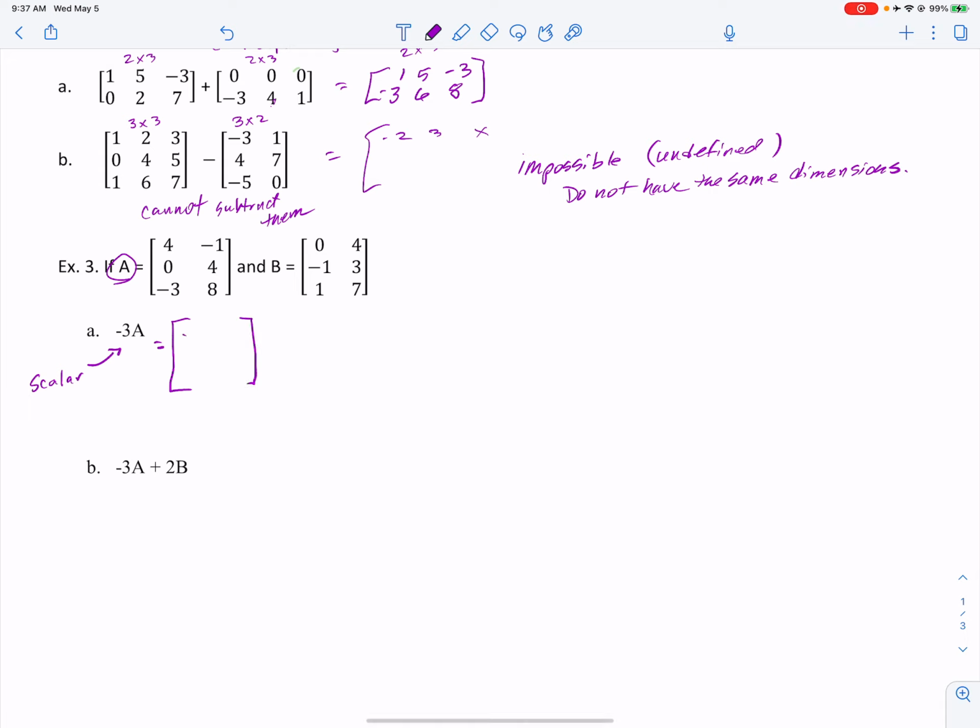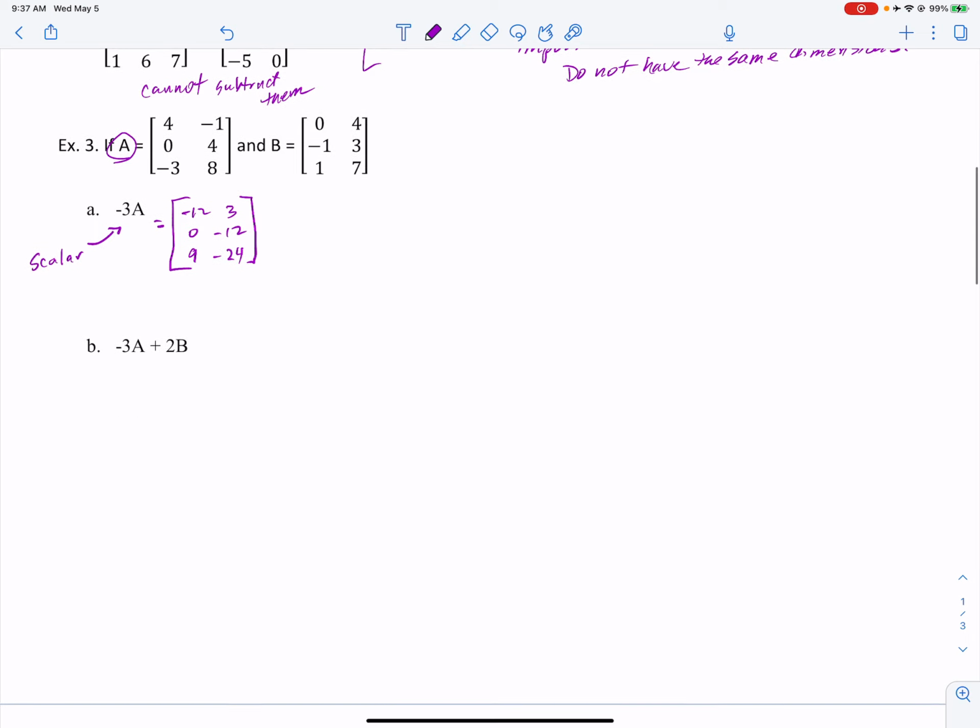So -3 times 4 is a -12. -3 times -1 is 3. -3 times 0 is 0. -3 times 4 is a -12. Dropping to the third row, -3 times -3 is 9. And -3 times 8 is -24. And that is scalar multiplication. You multiply every single entry of the matrix by the -3.